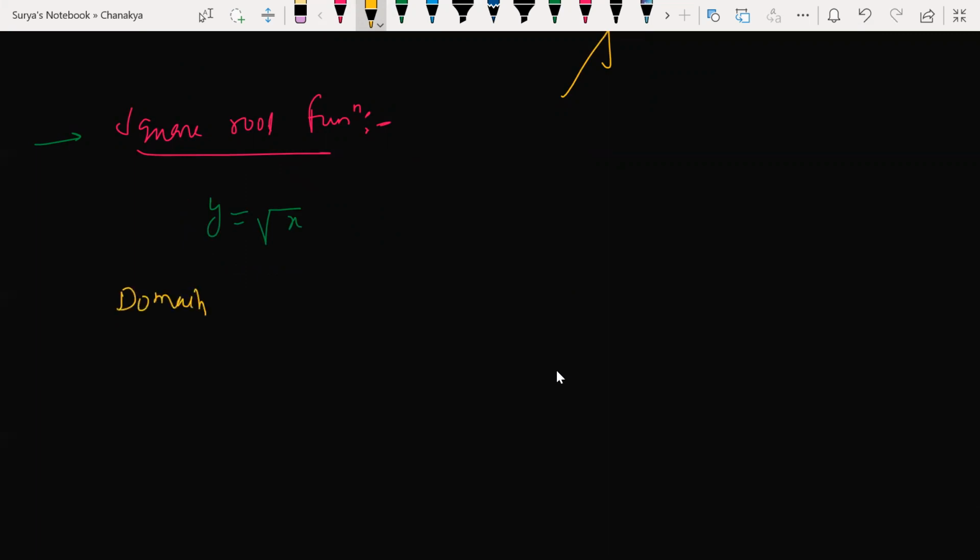What are the domain and range? Domain is nothing but what values I can substitute in place of x, the possible values of x. What is range? Tell me what is the domain and range?